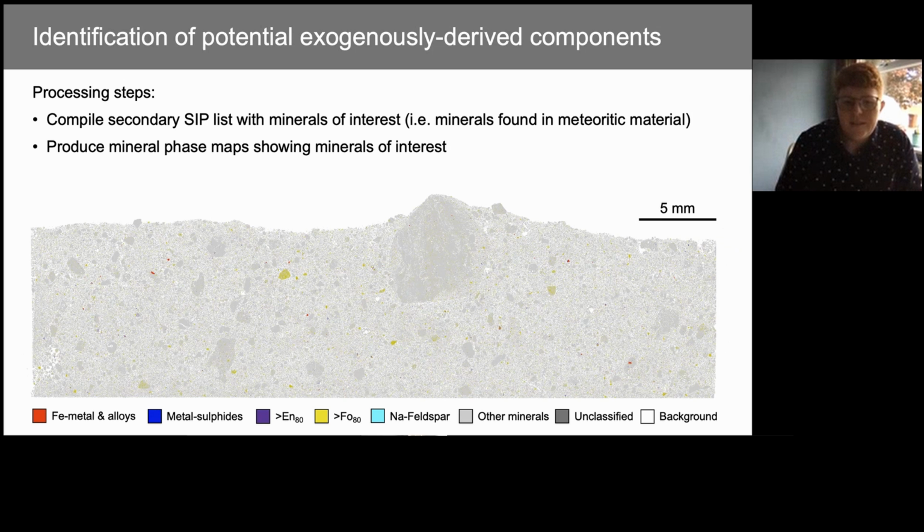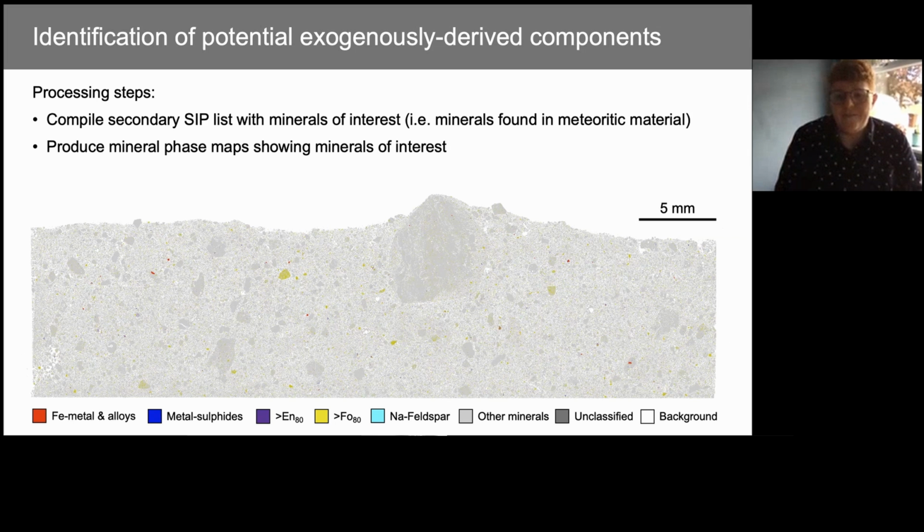and then had a big section of other minerals, shown in grey, that we're not so much interested in. This allowed us to produce a mineral phase map showing minerals of interest, i.e. minerals that are commonly found in meteoritic material. You can probably see some flecks of bright red in there, some iron, and the greeny yellow colour is some high forsterite olivine.